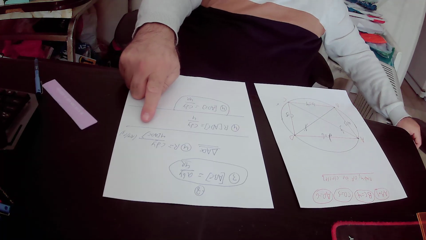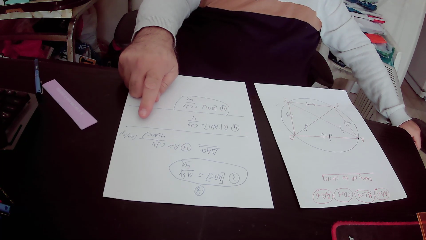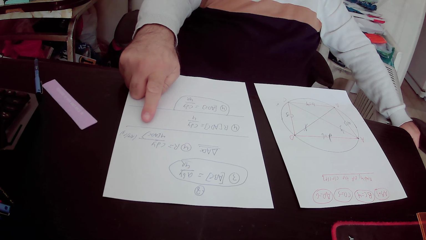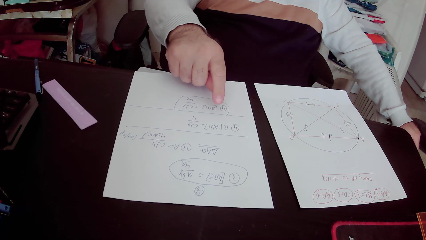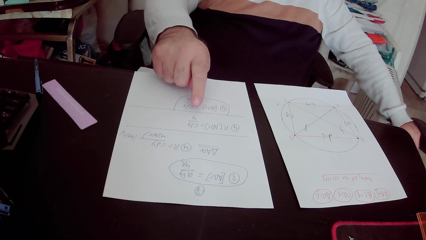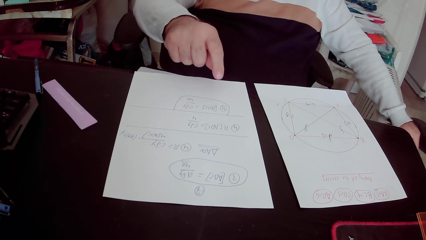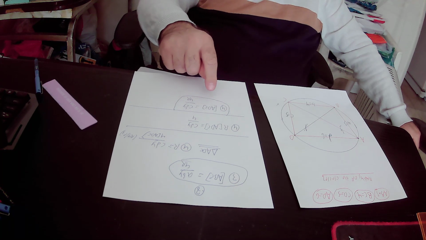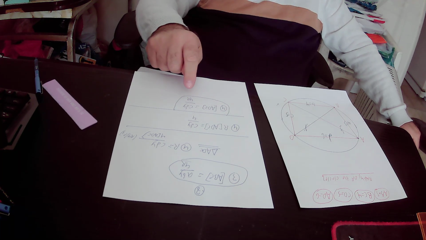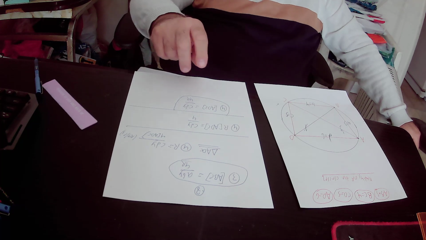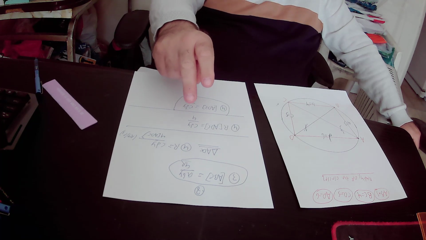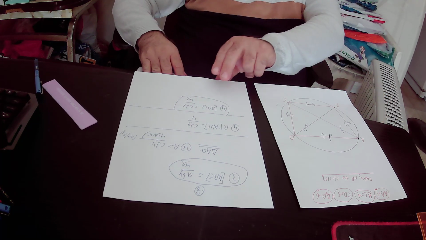We multiply equation number 4 by the area of triangle ADC, and we got that R times the area of triangle ADC equals CDY over 4. Then we divided equation number 4 by R, and we got that the area of triangle ADC equals CDY over 4R.